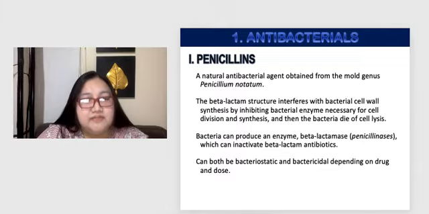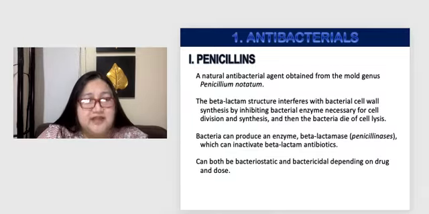The bacterial cultures na inaaral ni Alexander Fleming ay na-contaminate ng molds. At dahil contaminated ng molds yung kanyang bacterial culture, na-inhibit nito yung bacterial growth.